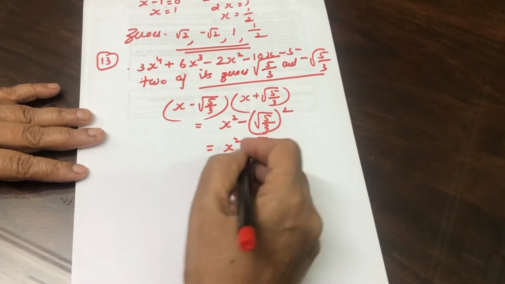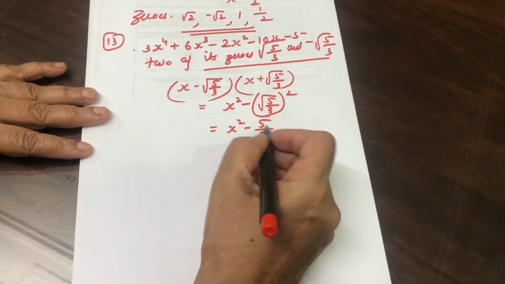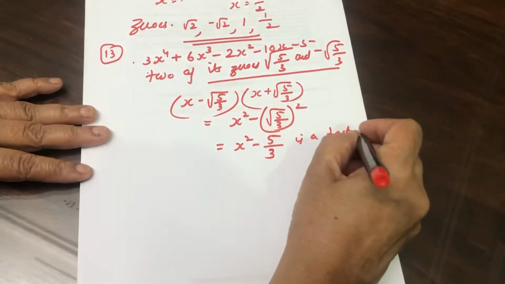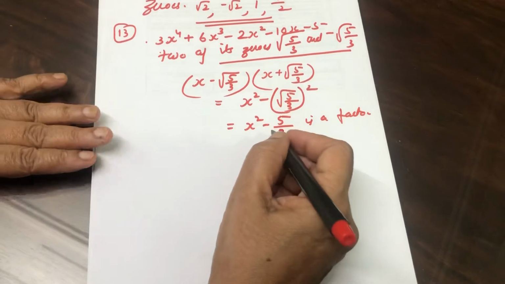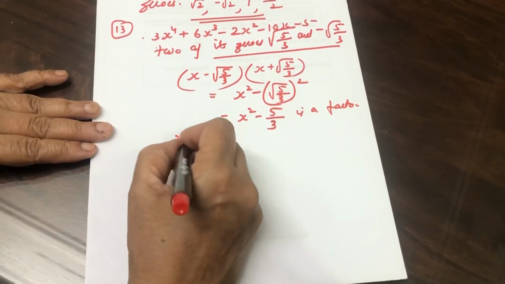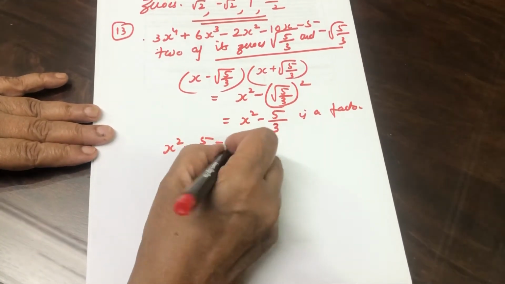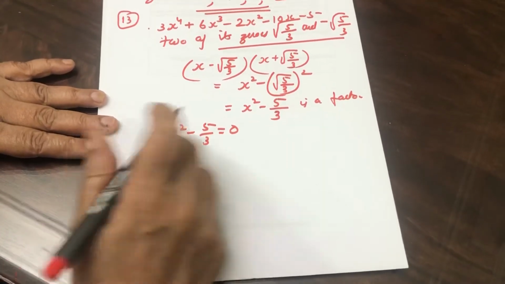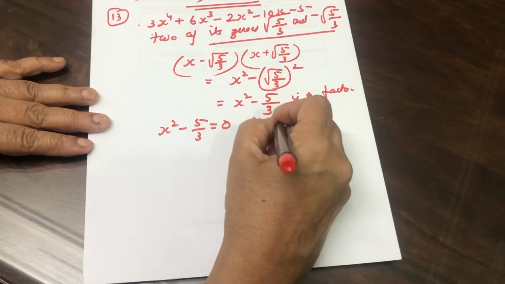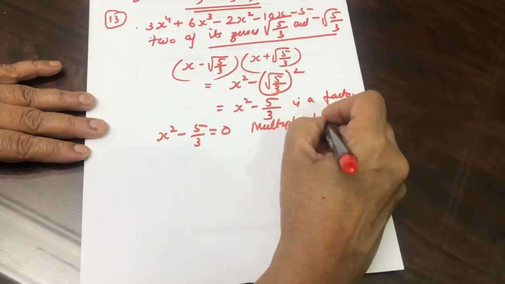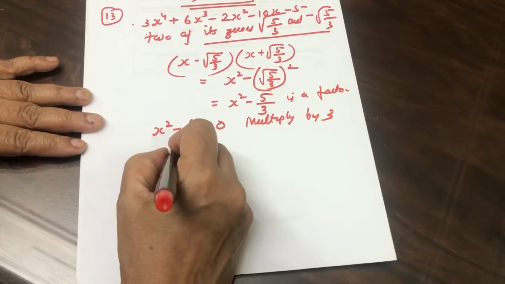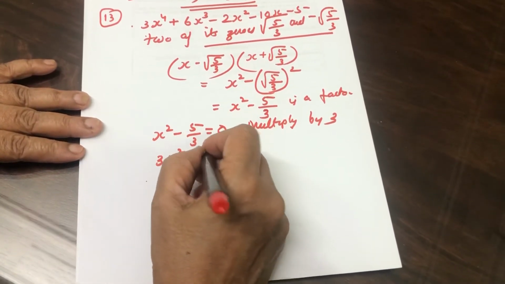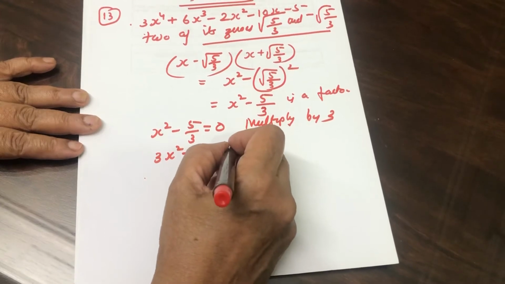So you can do one thing. Since this is a factor, you can set x squared minus 5 by 3 equal to 0. You can multiply this by 3, so it is 3x squared minus 3 into 5 by 3, which is 5, equal to 0.